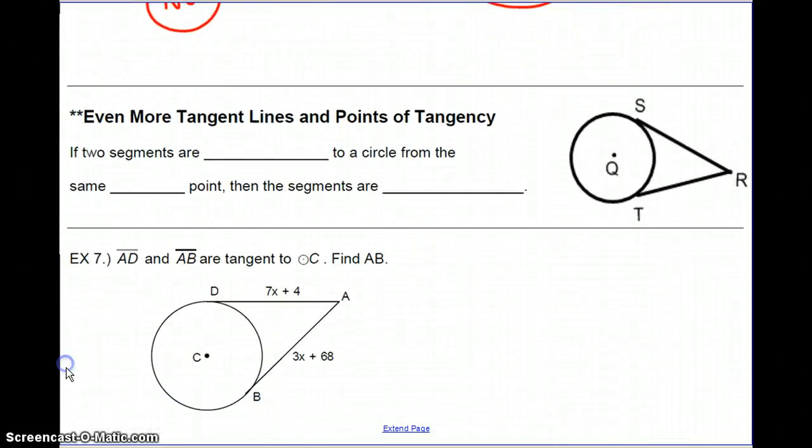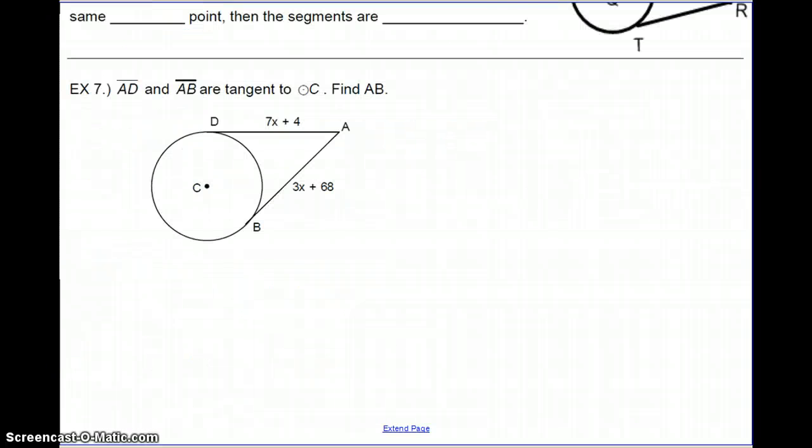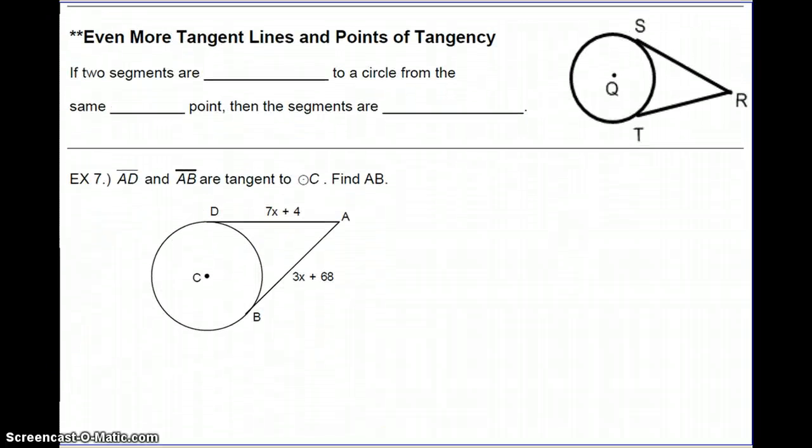Here's the last part for our notes. Even more tangent lines and points of tangency. If two segments are tangent to a circle from the same external point, then the segments are congruent.